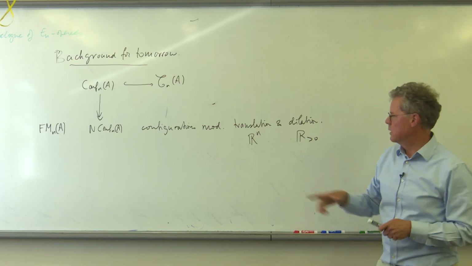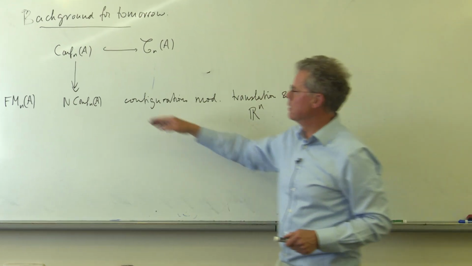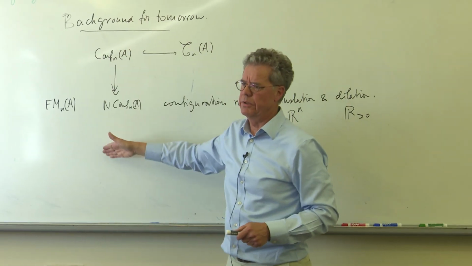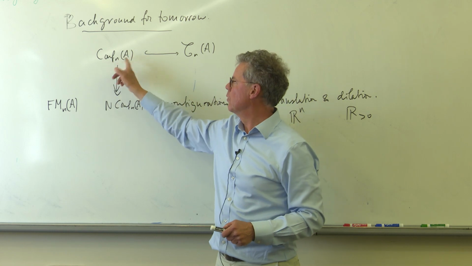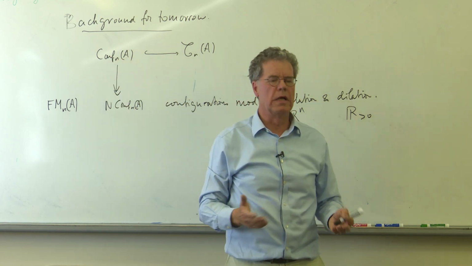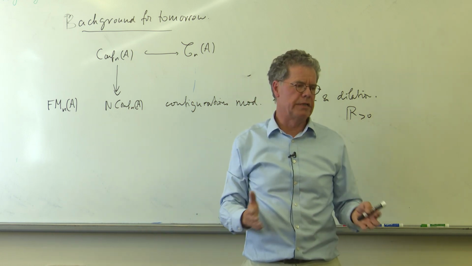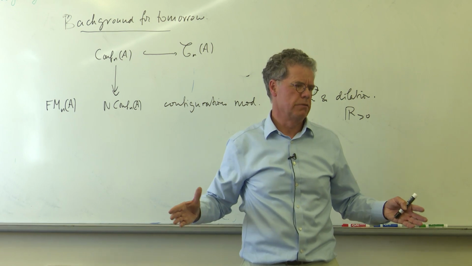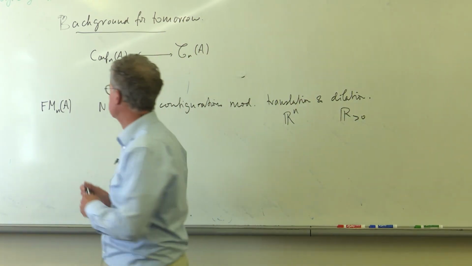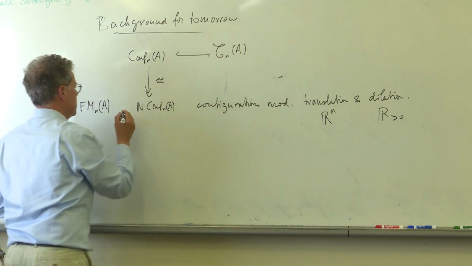It's a contractible group, and it acts freely. So this is a principal bundle, in fact. Also, it has a section because any configuration has a sort of normalization. That's why I wrote the n here. You can always say, for example, the barycenter is at the origin and the diameter is 1. There are many ways to do it. Okay, so this is fine.